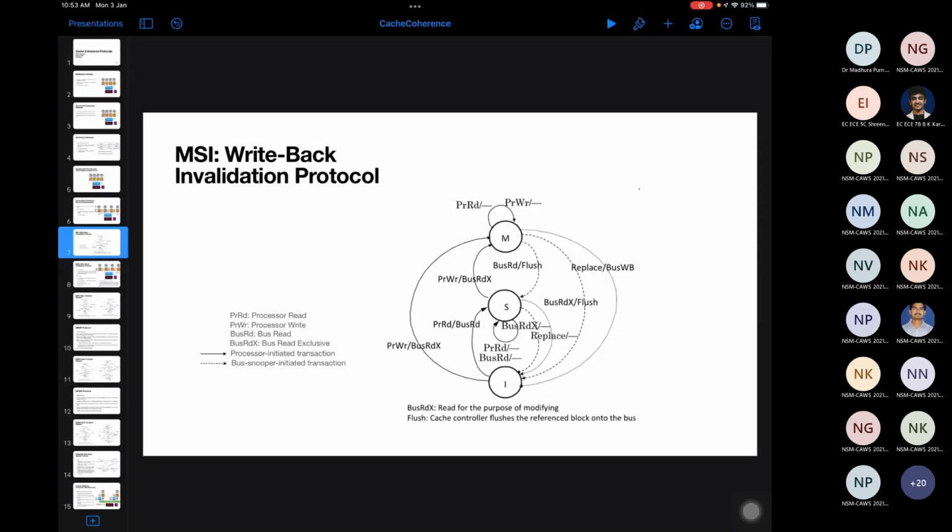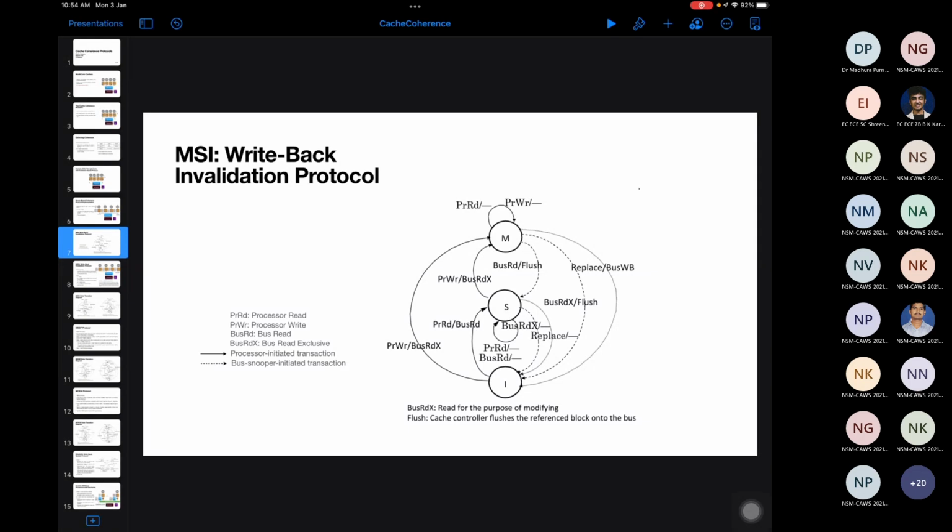If the block is in a modified state, only one core will have the data in a modified state. You cannot have more than one cache having the same data in modified state. Modified means only one core's private cache has it, and shared means multiple cores can have the data. Because you have the data in modified and I wanted the data for a read operation, you supply the data to me and change the state from modified to shared.